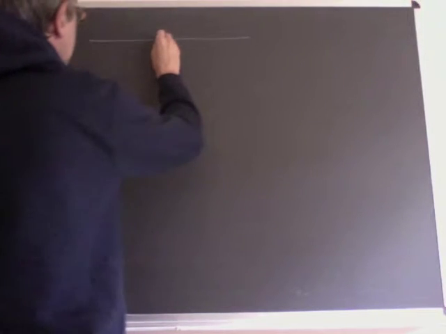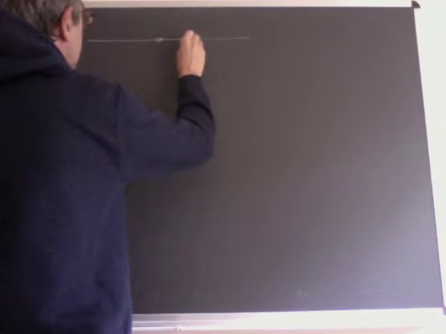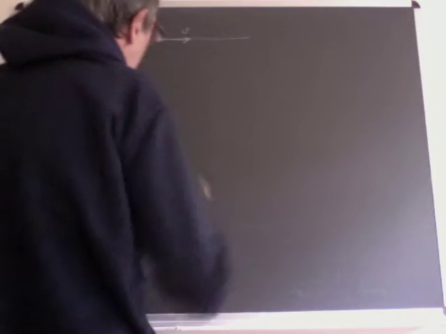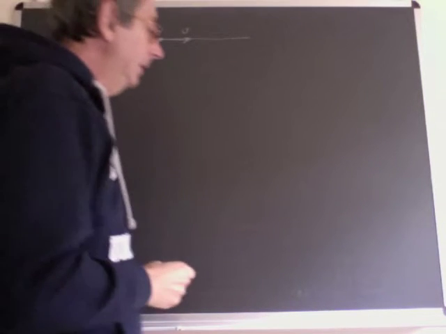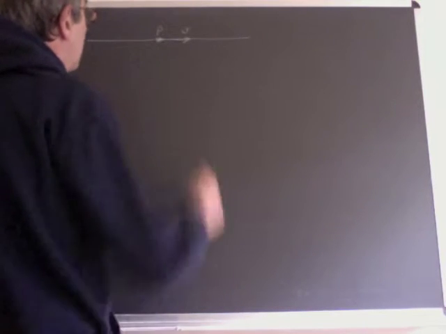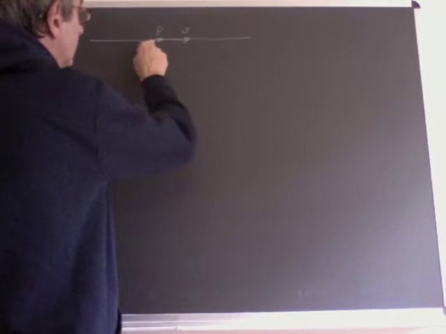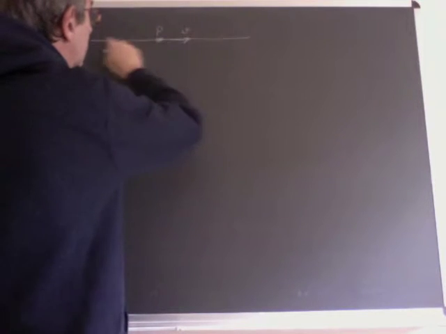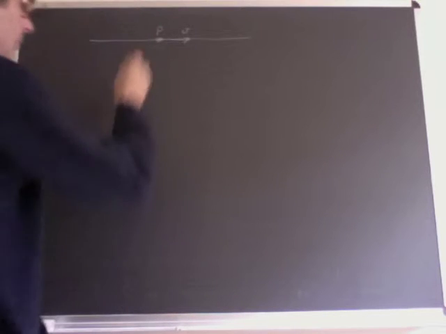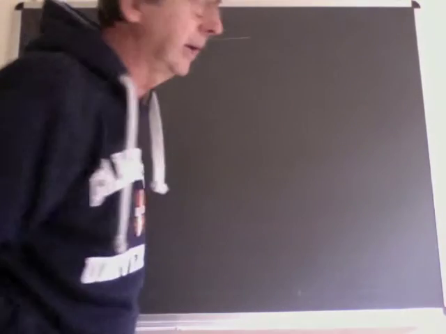But if we consider a point P moving with a certain speed v along a straight line, we know that the movement of the point along the line is described by its position on this straight line. And the position varies with time.